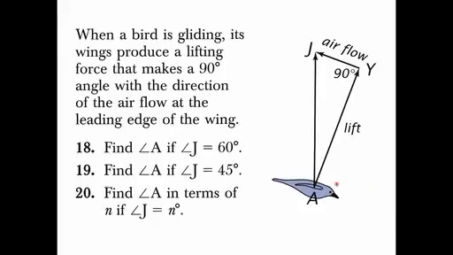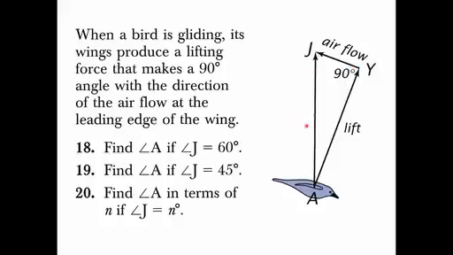So here we have a bird flying down here, and there's his wing. And we've got some givens here. When a bird is gliding, its wings produce a lifting force that makes a 90-degree angle with the direction of airflow at the leading edge of the wing. So here's a diagram. The air is flowing like this, and the wing makes a lifting force right here at a 90-degree angle with the airflow.